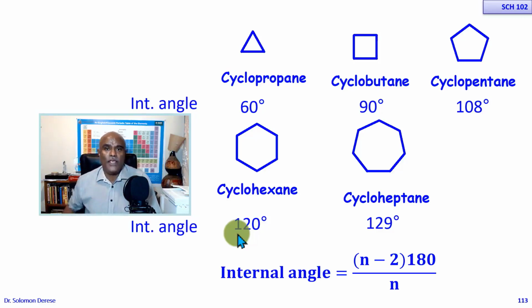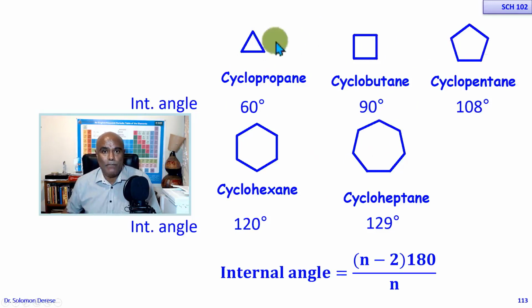Of course, if we measure the heat of combustion of cycloheptane and compare it with cyclopropane, the heat of combustion of cycloheptane will be more than that of cyclopropane, because there are more carbons in cycloheptane than there are in cyclopropane. But what is common in all this?